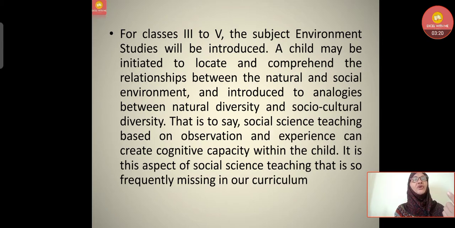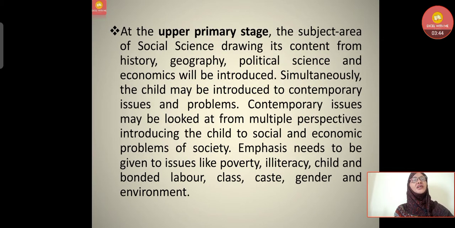It will be taught so that they will understand the relationships between natural and social environment. That is to say, social science teaching based on observation and experience can create a cognitive capacity within the child, that is thinking power. It is this aspect of social science teaching that is so frequently missing in our curriculum.